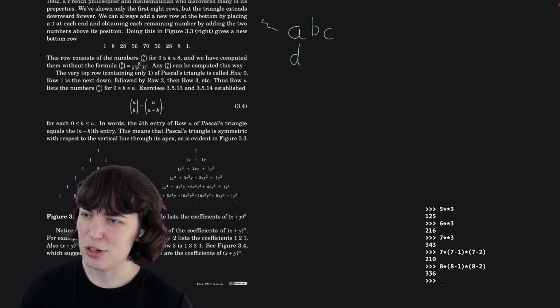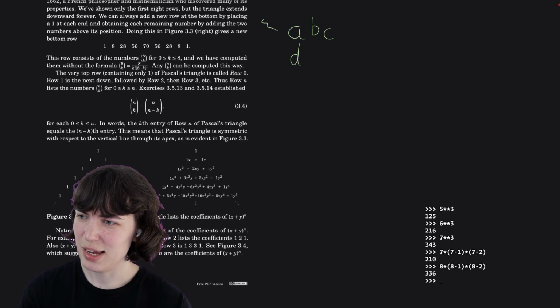In other words, the kth entry of row n of Pascal's triangle equals the n minus kth entry.